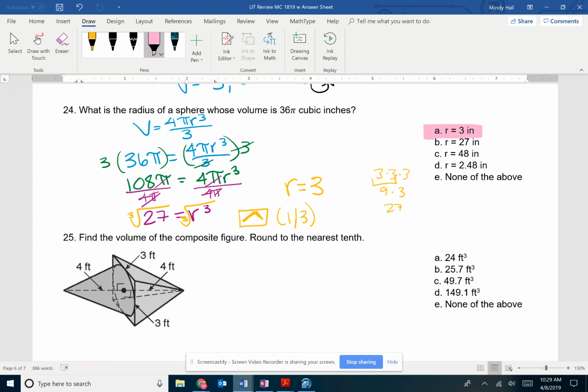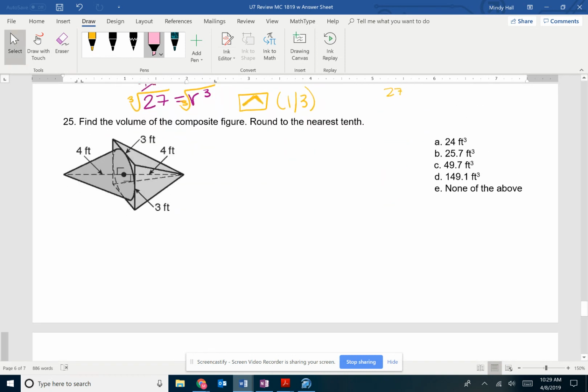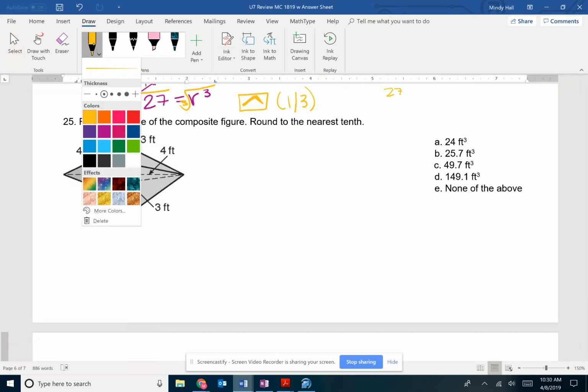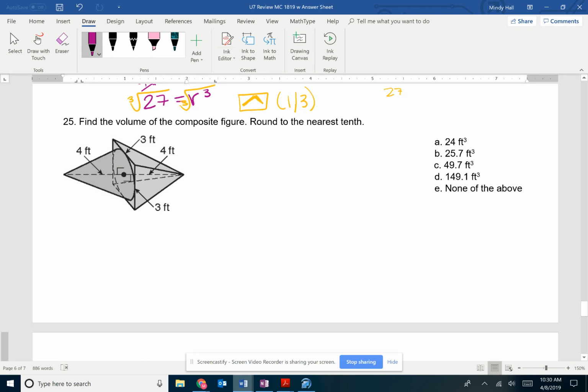And then last but not least, we have this beautiful composite figure. So we're going to find the volume of both shapes, and then we're just going to add them together. So starting with the cone, that would be volume equals pi r squared h divided by 3, or your base area times height divided by 3.